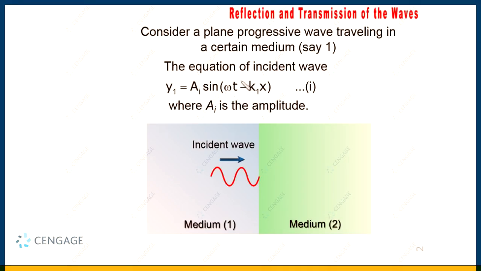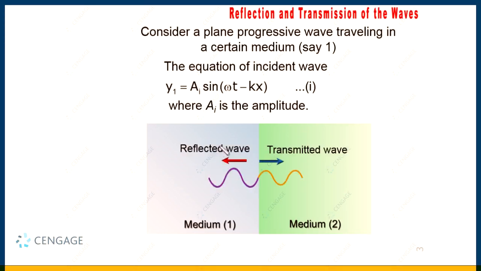You can observe here we put the negative sign between the ωt and kx terms because the wave is travelling in the positive x direction, and here A_i is the amplitude of the incident wave, right. Now, what will happen? A certain part of the wave will transmit to medium 2 and a certain part will reflect back like this.